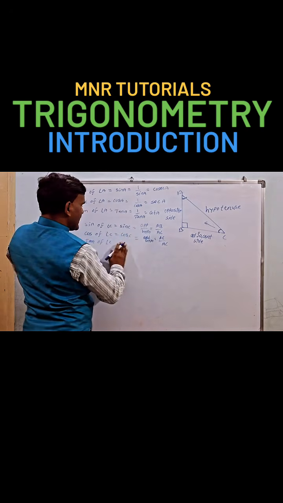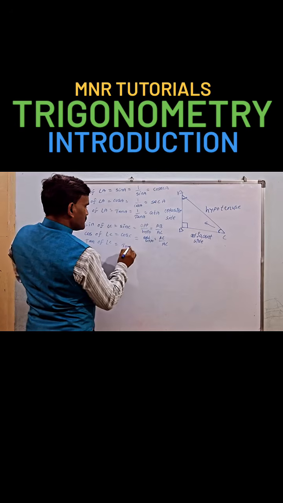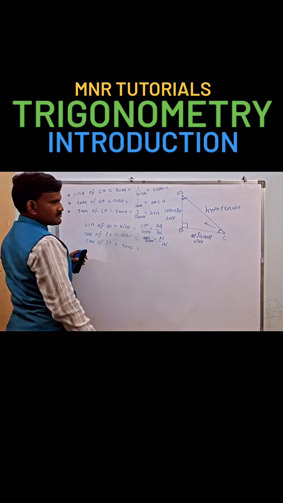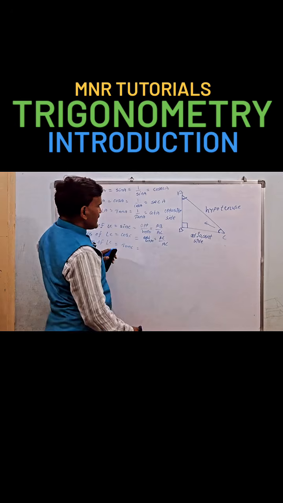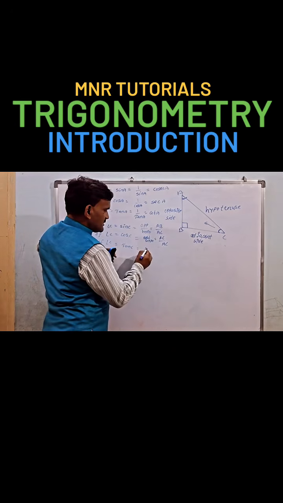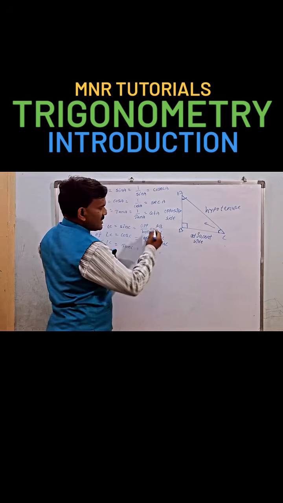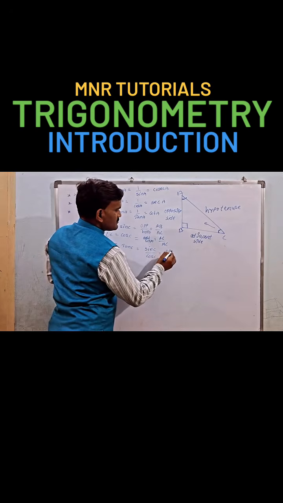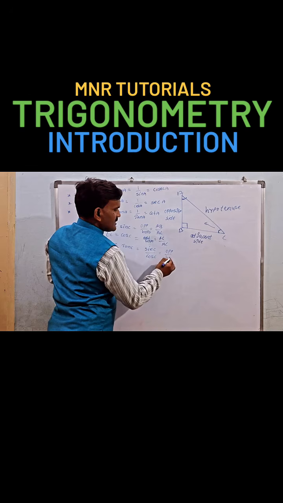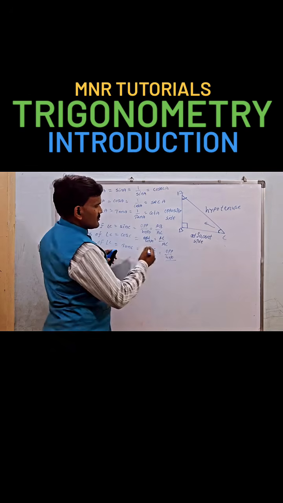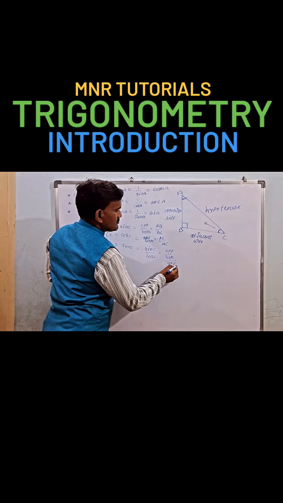Next, tan C. Tan C equals sin C by cos C. Sin C is opposite by hypotenuse, and cos C is adjacent by hypotenuse.